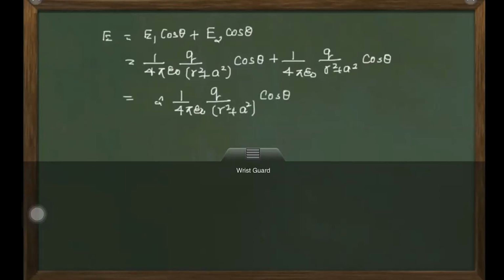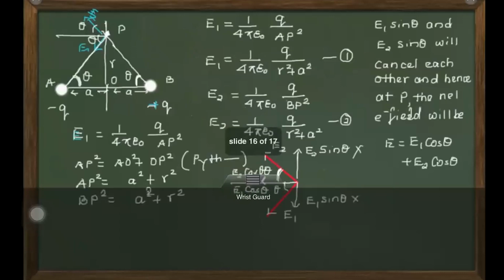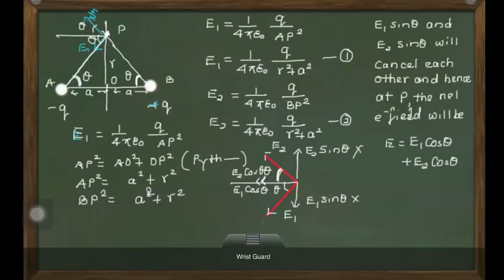Now, in your trigonometry, it is mentioned that cos theta is equal to base upon hypotenuse. So, when we take the help of the previous figure, you can say that in triangle APO, this is the angle. So AO will be base and AP will be hypotenuse.